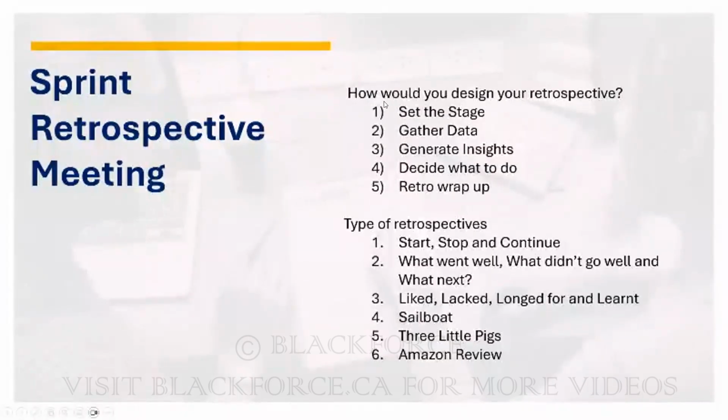Now, for your retrospective, this is how you design it. You have 5 stages you need to think about when you're doing your retrospective, right? The first thing I'm going to say is that your retrospective is the final event of your sprint, right?